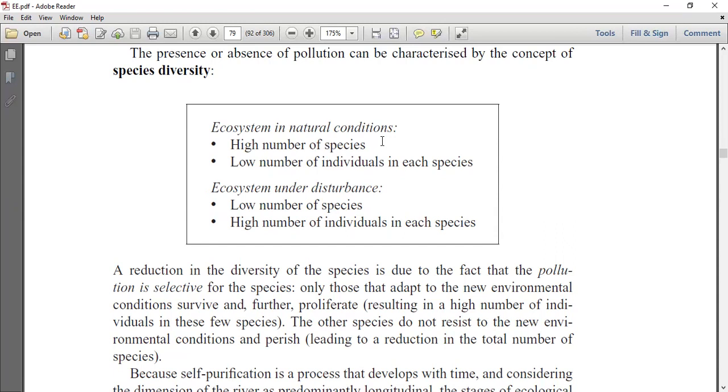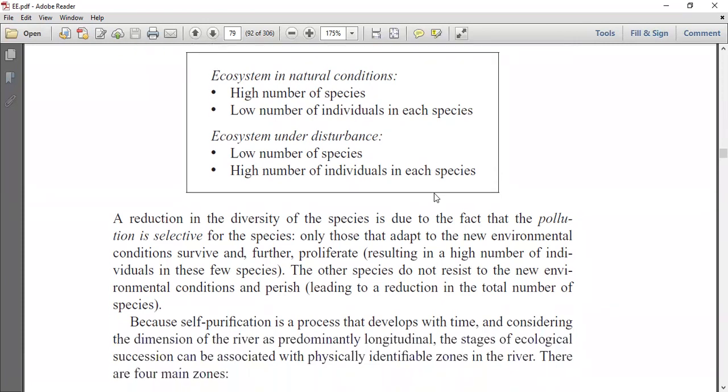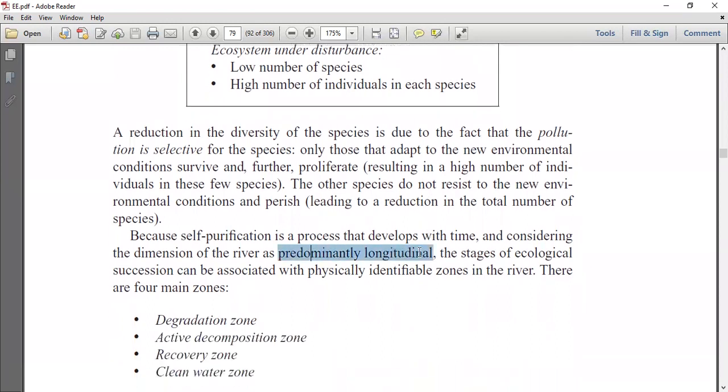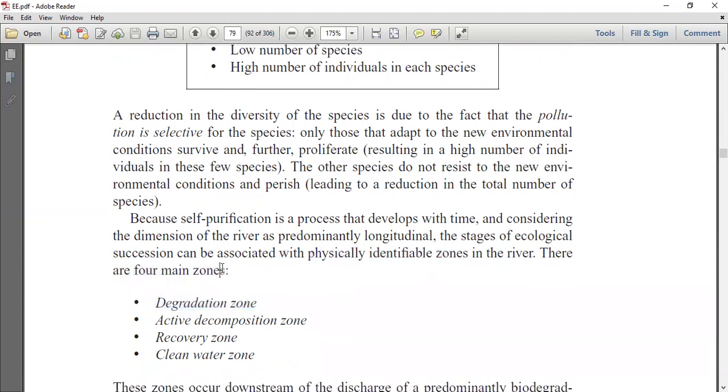Because self-purification is a process that develops with time, and considering the predominantly longitudinal state of the ecological succession, it can be associated with a physically identified zone in the river, the fluvial zone.